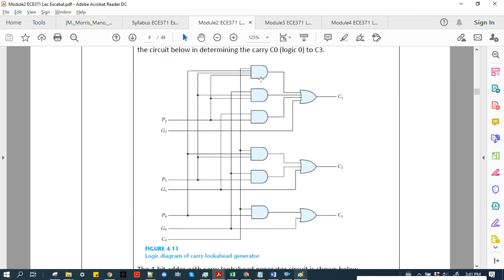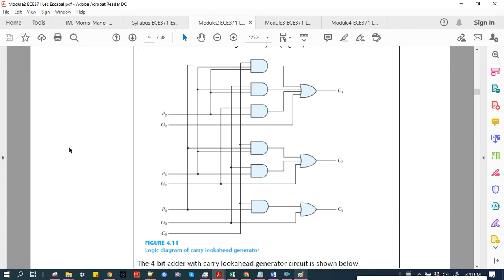So from this figure, what do we notice here? We have two logic gates. The propagation delay for the circuit from P2 to C3 is just two logic gates. The question is, what is this P2 and G2?